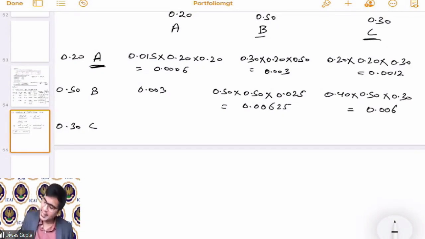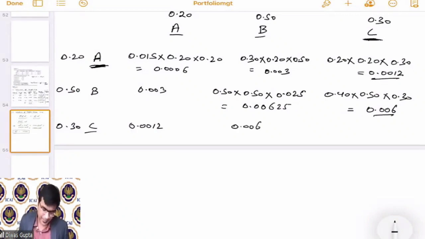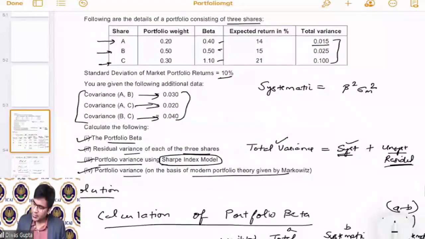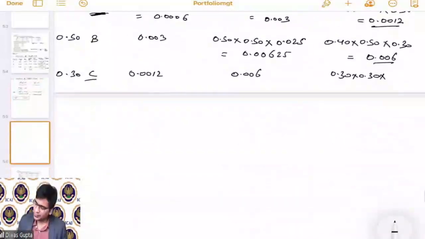Then C and A. See students, one more thing: between C and A or A and C, the value will be the same, right? Whether you take CA or AC. So we can just simply write this value here, 0.0012. Then C and B will be this value only, which is 0.006. And then lastly, C to C will be 0.30 multiplied by 0.30 multiplied by the variance of C, which is 0.10.